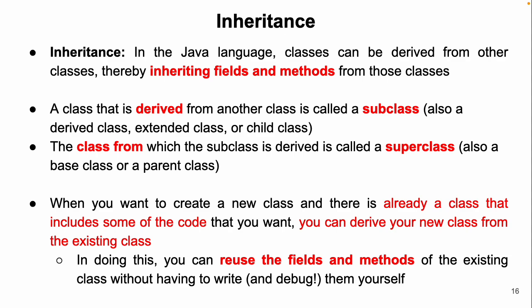We can inherit that code from the class we have already defined. So code reusability and reusing of the fields is the main thing about inheritance. I will explain in the code again.